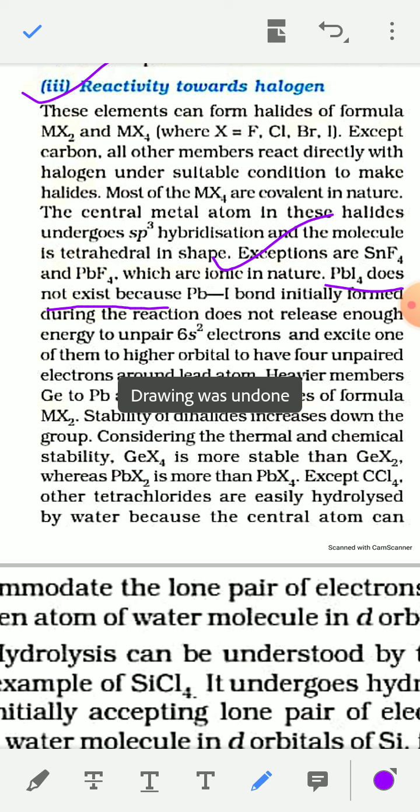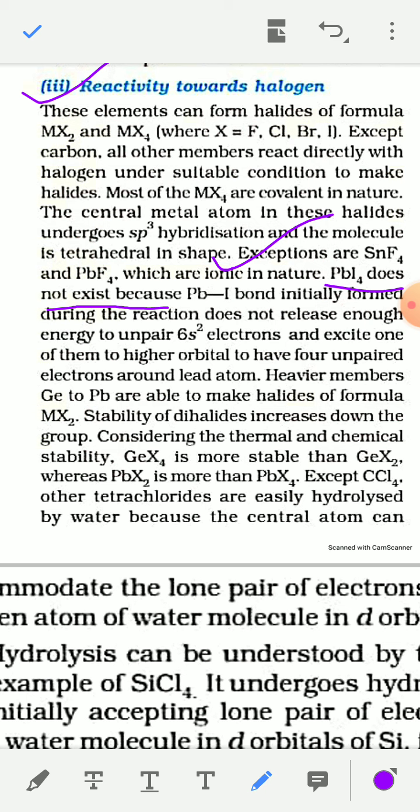This is because the Pb-I bond initially formed during the reaction does not release enough energy to unpair the 6s2 electrons and excite one of them to a higher orbital to have 4 unpaired electrons around the lead atom.